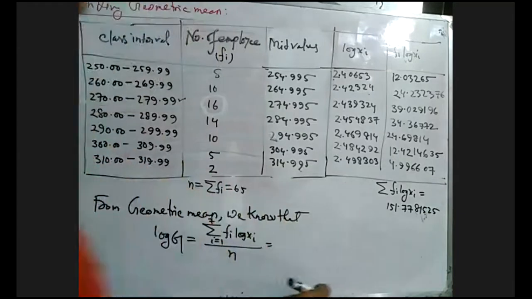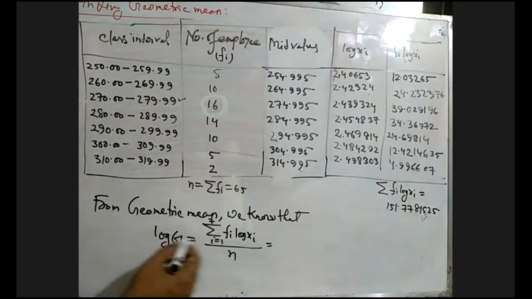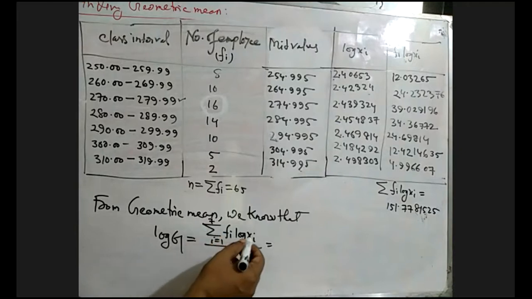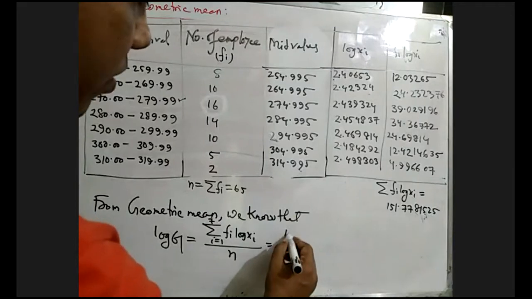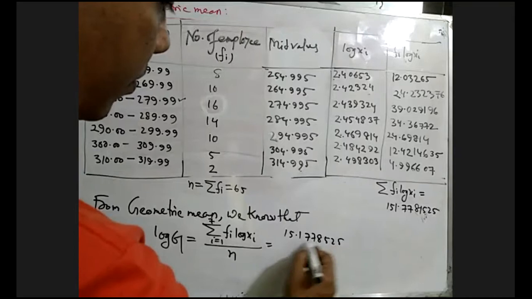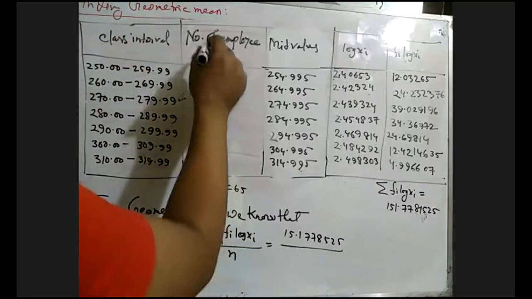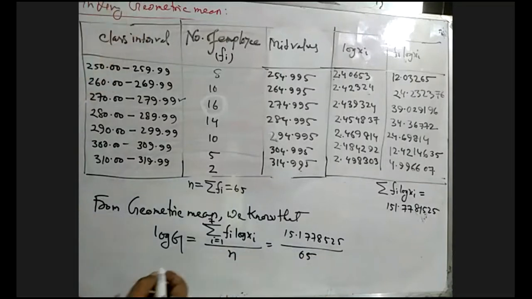Okay, now putting in the formula for the geometric mean, we know this relation: log z equals summation i equals 1 to 7 fi log xi divided by n. This will give 151.77812525 divided by the total number of frequency, summation fi equals n, 65.